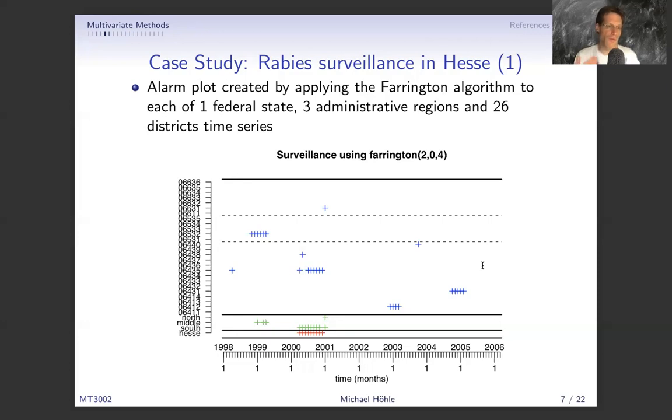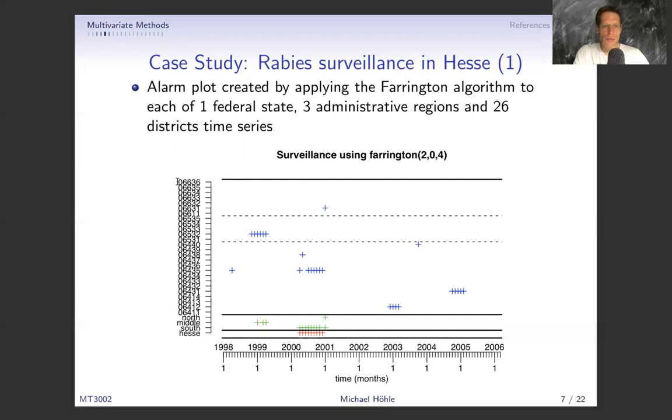This was an example from infectious diseases among animals, in particular rabies in foxes. We have all the counties in the federal state of Hesse, which was one of the federal states having a problem here.